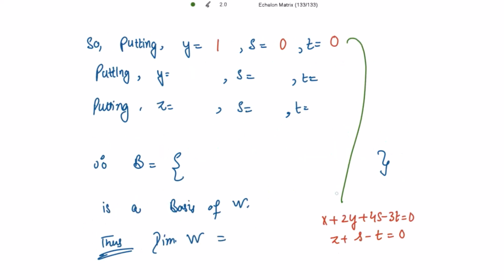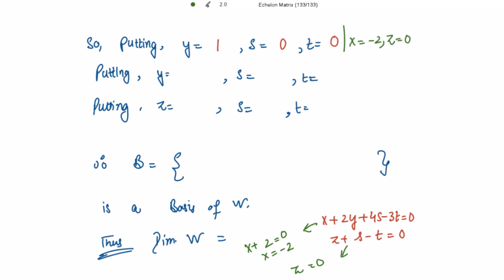So when putting these values into the first equation, we get x plus 2 equal to 0. That means x is taking the value -2. And from the second equation, we get z equal to 0.